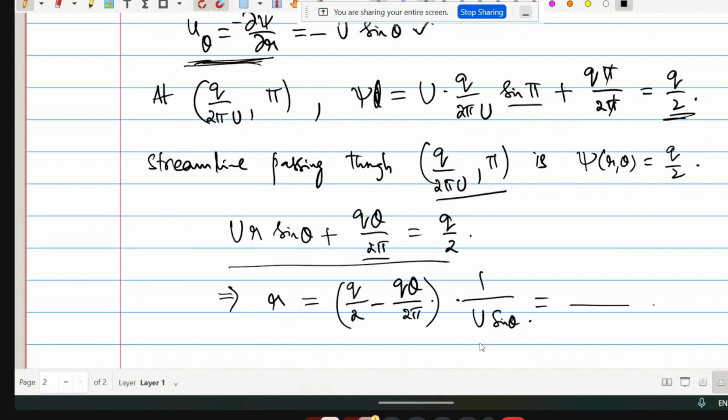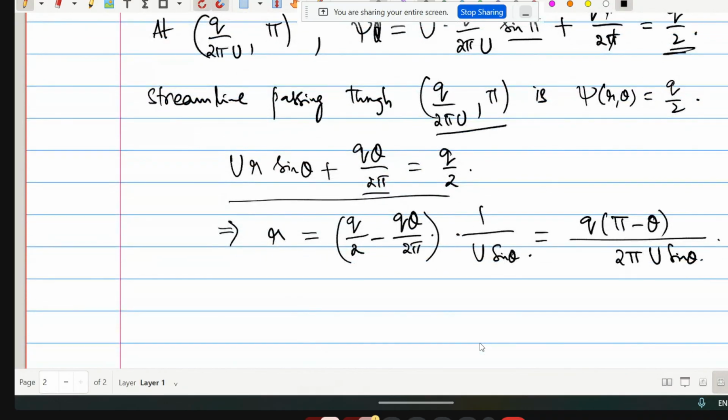Take the LCM, so you'll have 2 pi U sin theta. Q pi minus Q theta, so pi minus theta, Q is common. This is your r, the equation that you will get.